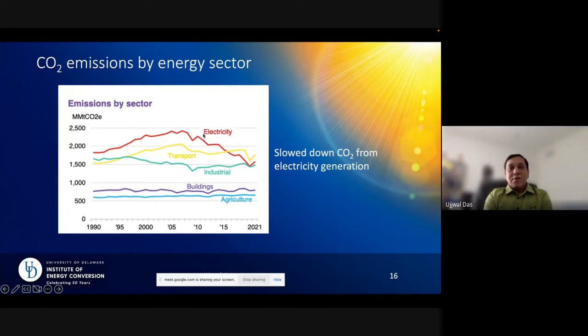One thing you notice that the electricity generation was the highest carbon emitter by far until around 2005, 2010, but it has slowed down and it gradually started to decrease. So we are doing good for electricity generation to curb carbon pollution. But as you notice here, we haven't thought too much about the other form of energy sector, which is transport, industry, building, and agriculture.